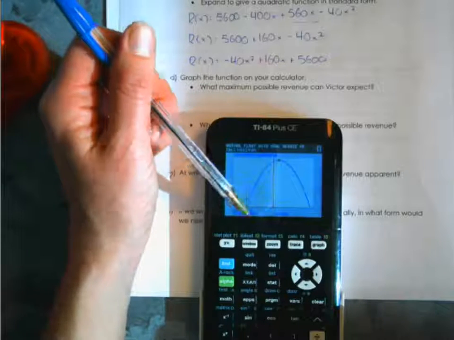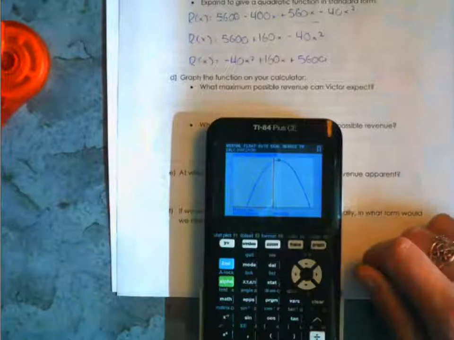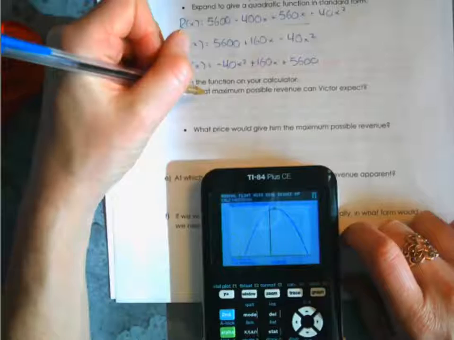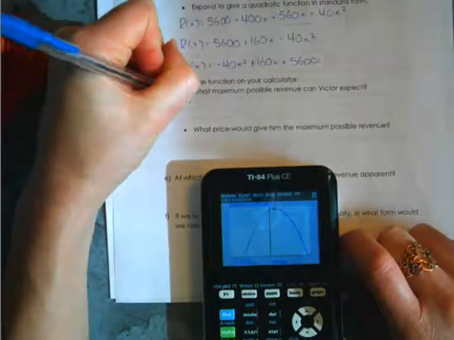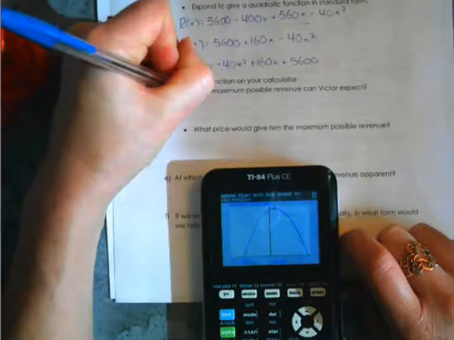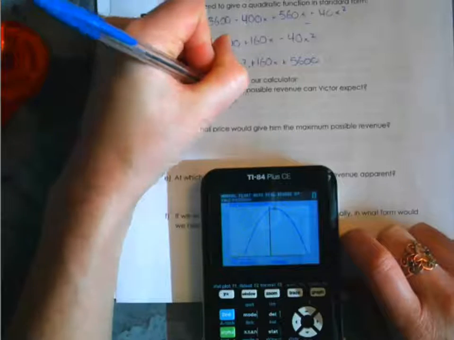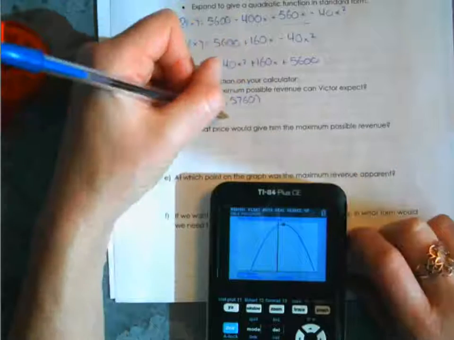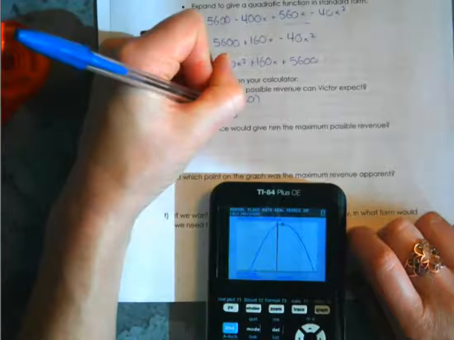So it says the maximum here is 5760 when x is equal to 2. Okay, so vertex is at (2, 5760). Okay, and so 5760 is the maximum revenue.